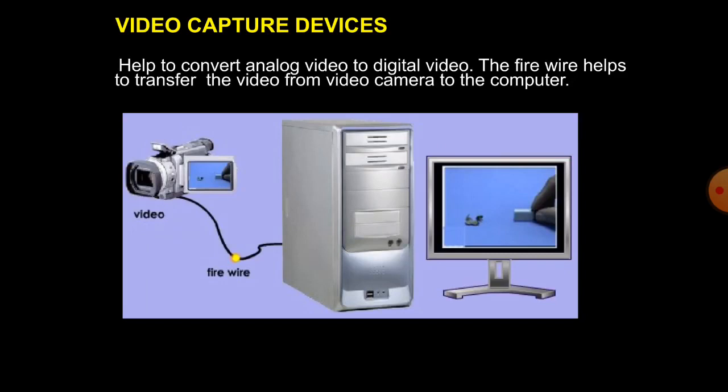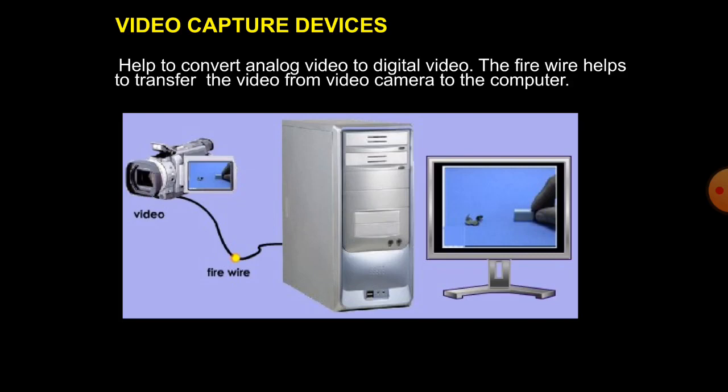And next is the video capture devices. These video capture devices help to convert analog video to digital video. The firewire helps to transfer the video from video camera to the computer.